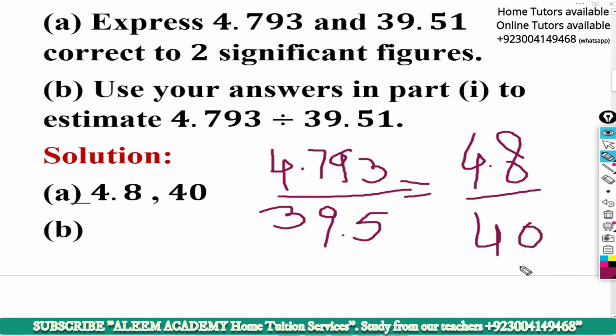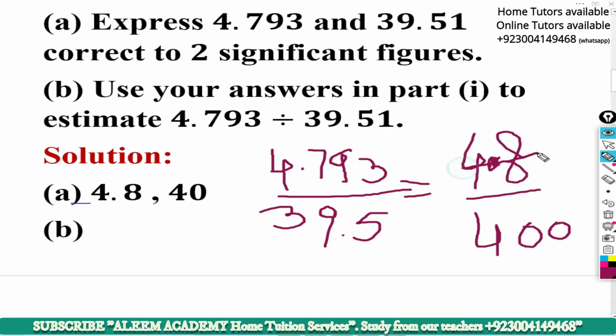Okay, so now we have to simplify these numbers, and we are talking about estimation, which means we have to do this calculation, most of the time, mentally. So if you cancel the decimal from here, you will obviously multiply by 10 on the other side. So this number will become 48 and we can write 0 here. Okay, now 48 over 400.